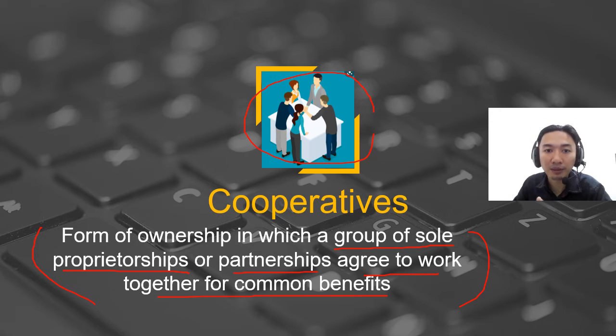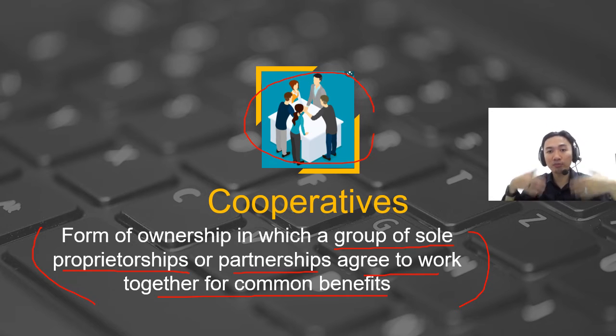In Malaysia, in order to create a cooperative, there must be at least 50 active members, and all the members would have equal profit through dividends if the cooperative is able to make a profit.